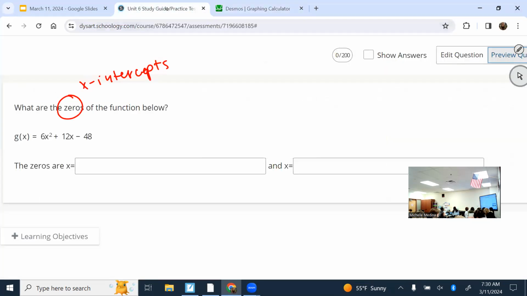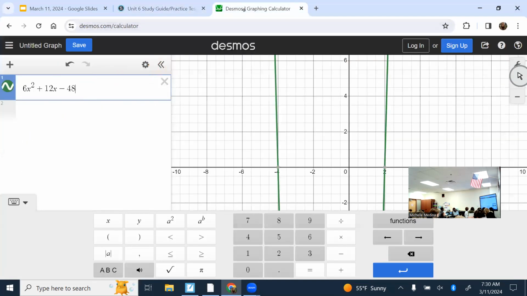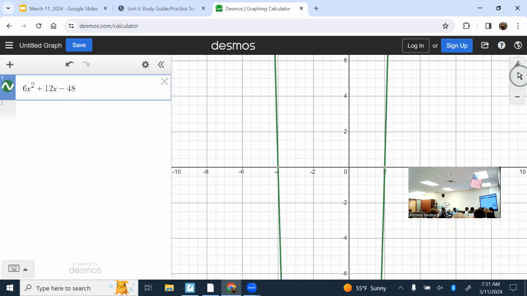I'm pretty sure I typed it in right, but I'll just make sure. Okay. So that's what I would do. Zeros are x-intercepts, so I would type it into Desmos. I would see where it touches my x-axis. And the way that it will want your answers though, and I again made it just like the test, of course, I'll probably have to go back and give points to everyone who types it in coordinate form.